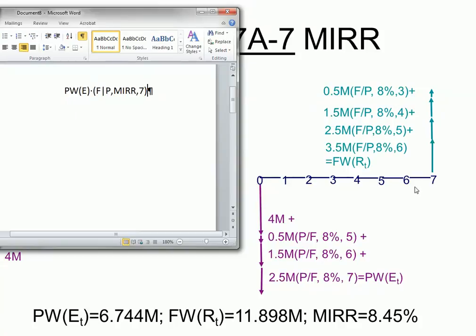We compounded forward to the future 7 periods, and that's going to be the same as the future worth of these receipts.